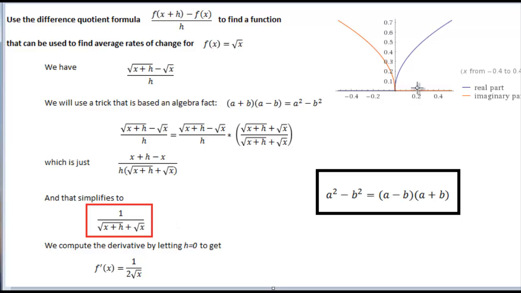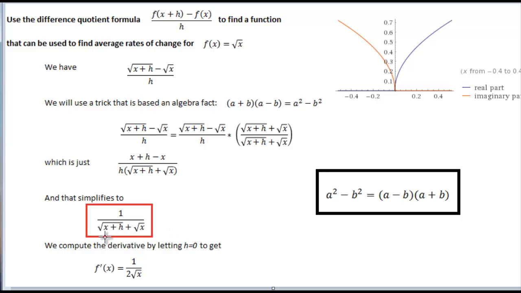So if we pick the interval 0.2 to 0.4 on the graph, then x would be 0.2, and the width of that interval is also 0.2. The formula would tell us the slope of the line that represents the average change in the function over that interval, the slope of that line.